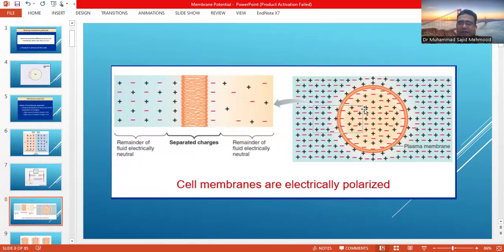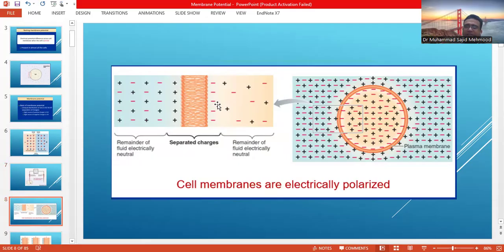This is a diagram representing a cell which is present in the extracellular fluid. You can see, if a cross section is taken, a small part of a cell membrane is studied. We can see that the negative charges and the positive charges are attracted towards each other across the cell membrane.